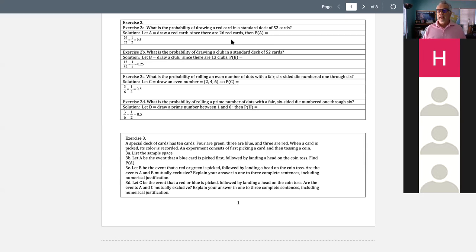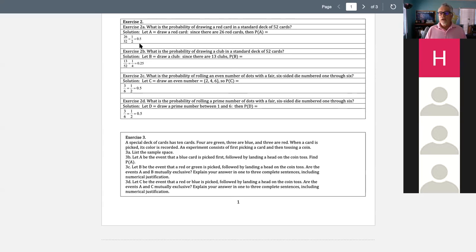So if we want to let A be the event that you draw a red card, then all we have to do is take the relative frequency of red in the deck, which is 26. Half of the cards are red. And so we take their ratio with the total number of cards in the deck, which is 52, and we get a half. So you have a probability of a half of drawing a red card, okay?